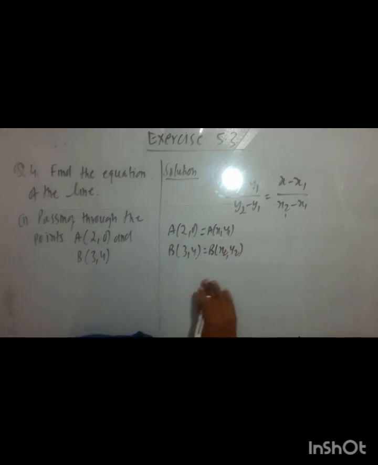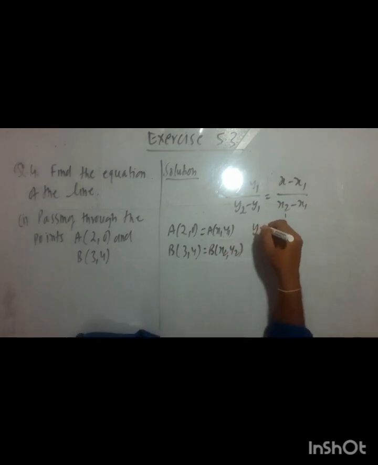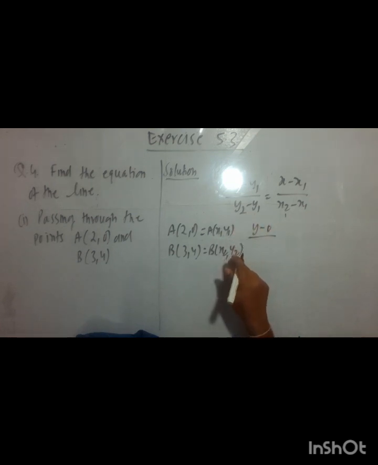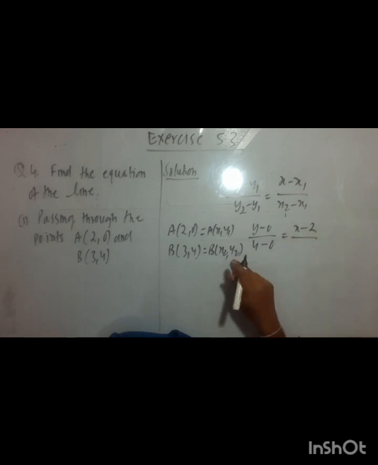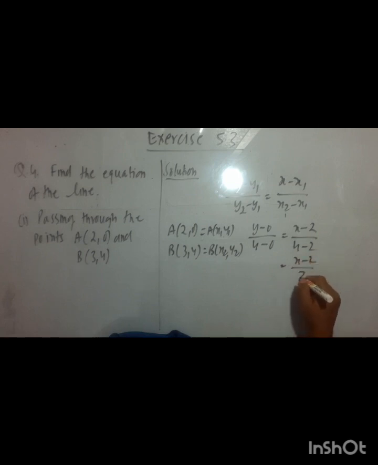So straight away, y minus y1 is 0, and y2 is actually 4 minus y1 is 0. Then x minus x1 is 2.